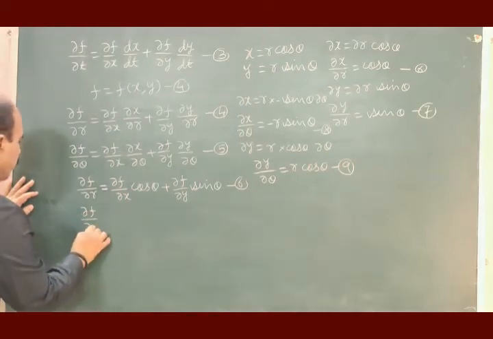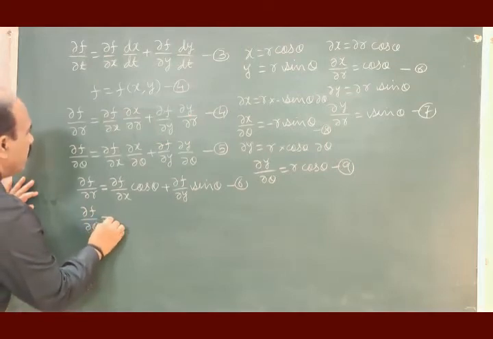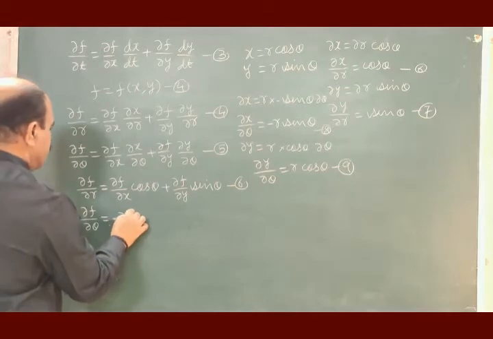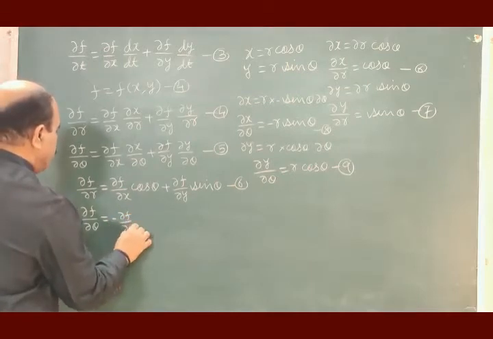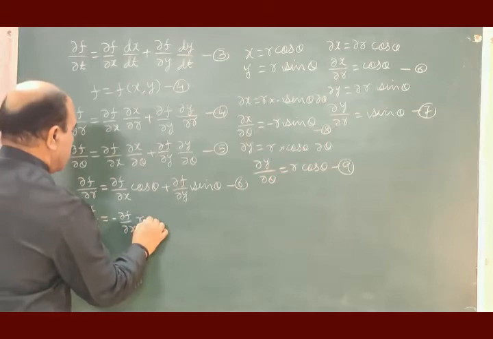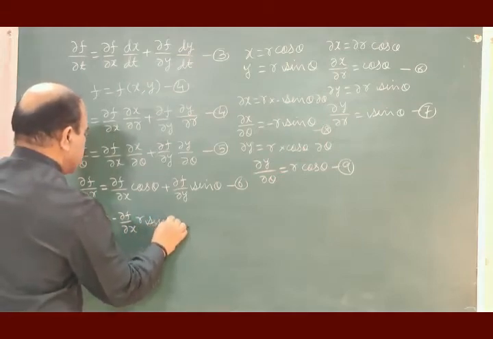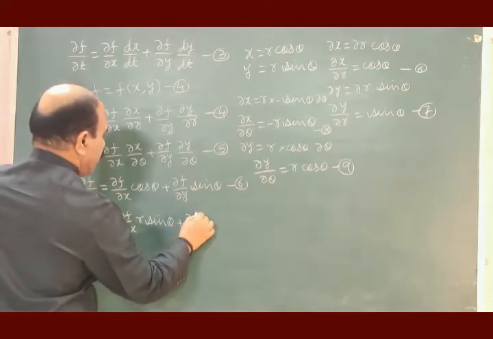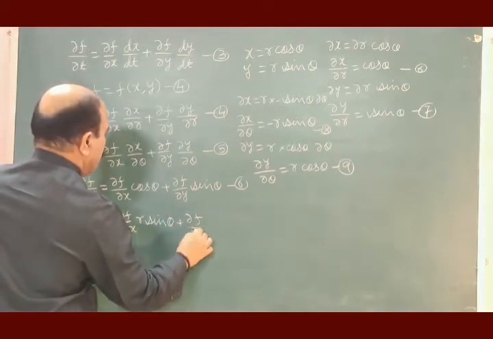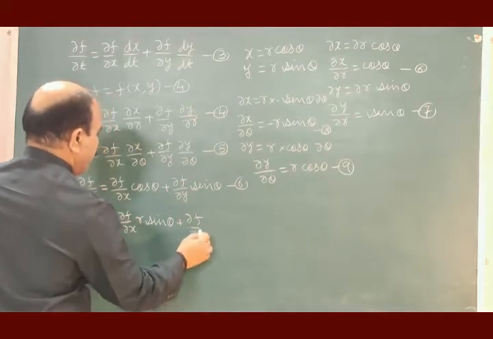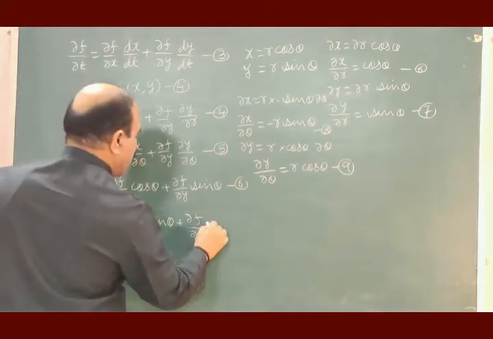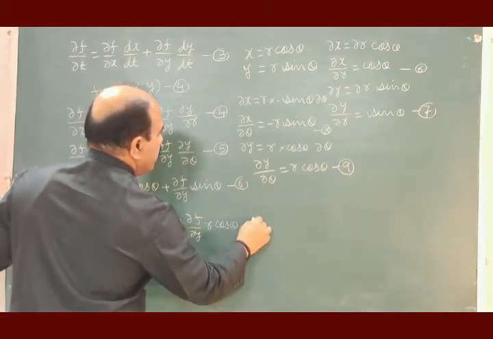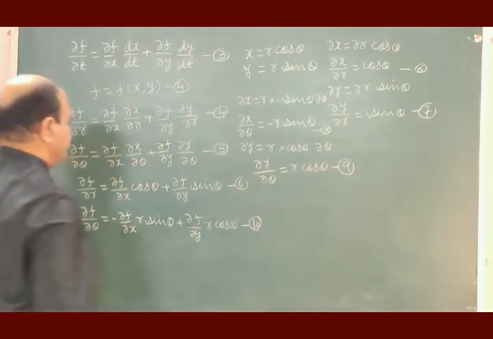dou phi by dou theta is equal to minus dou f by dou x r sin theta plus dou f by dou y r cos theta, equation number 10.